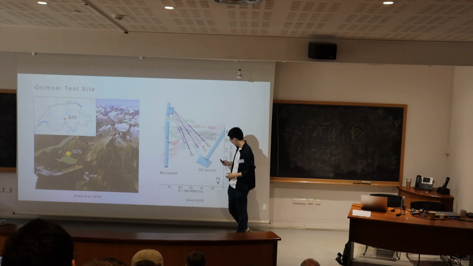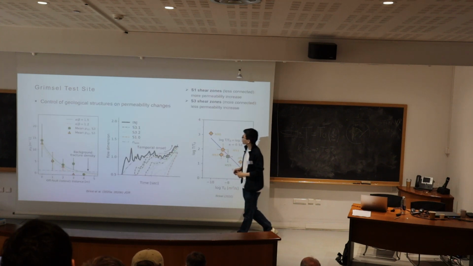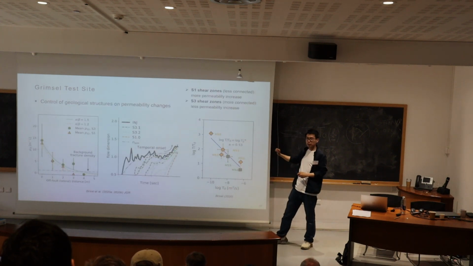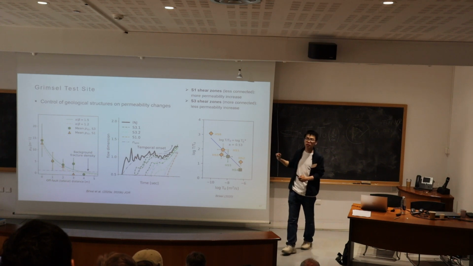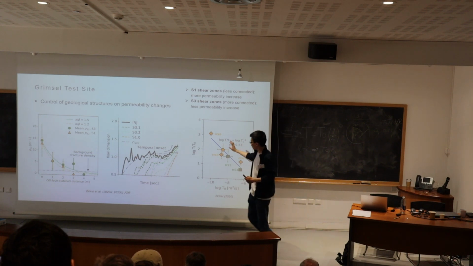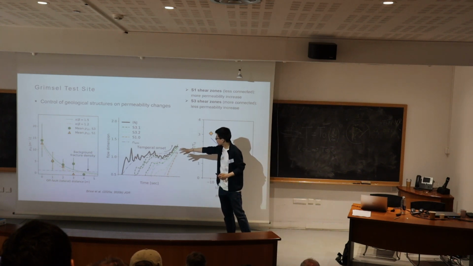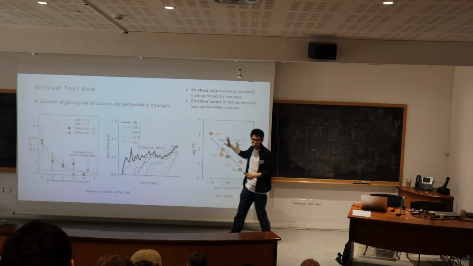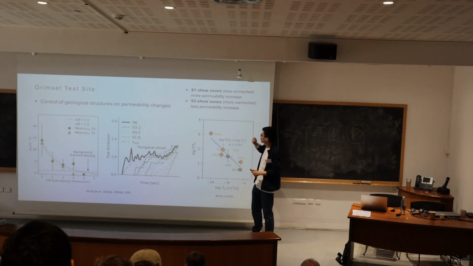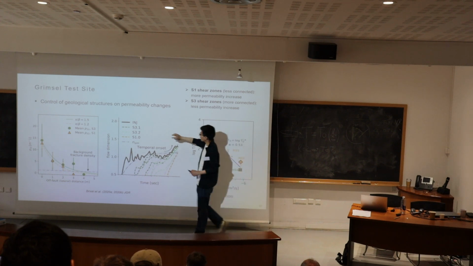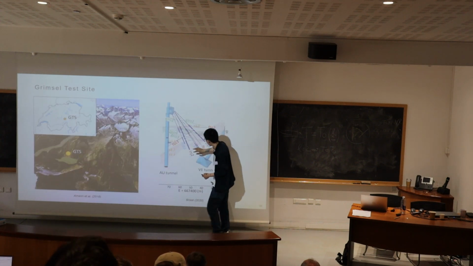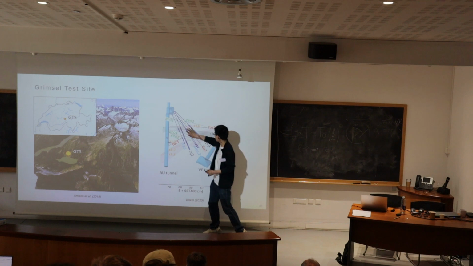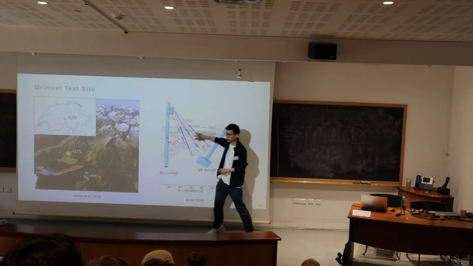Before the stimulation experiment, he characterized the hydraulic properties of the two different fault zones. One is the S3 fault, it's this one, and the other is the S1 fault.